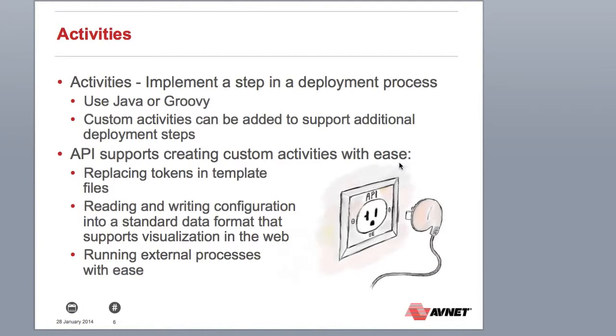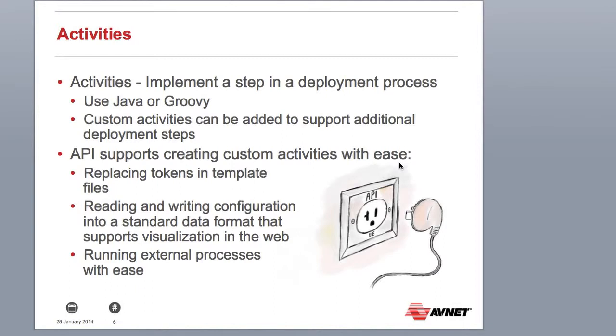You can implement activities yourself or use those activities that come out of the box with Talos. If you do choose to implement your activities yourself, we have a rich API that supports some of the common automation problems that you might hit as part of your custom activity implementation. So rather than you having to go off and re-implement the wheel, we provide you with an API that makes writing that easy.